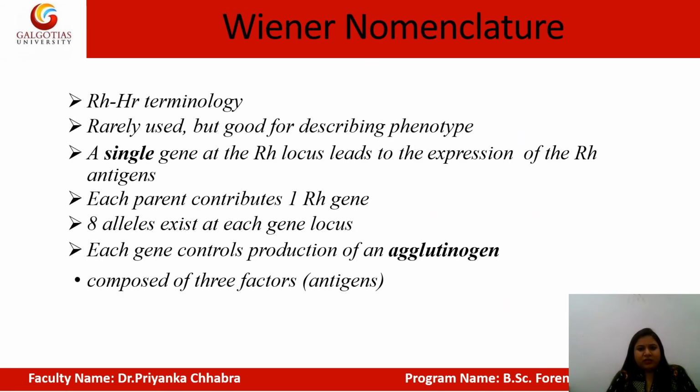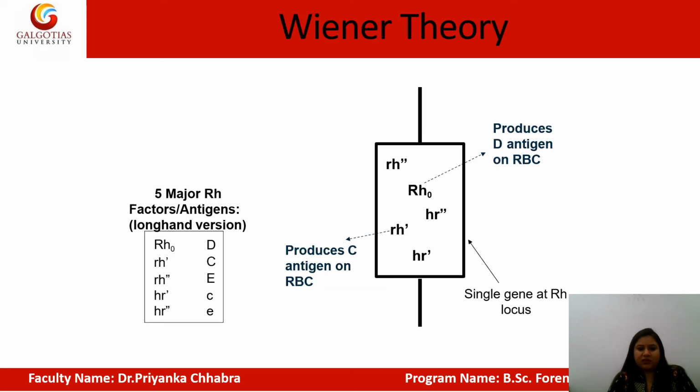Wiener nomenclature. He gave Rh and hr terminology to the Rh antigens. It is rarely used but good for describing phenotypes. A single gene at the Rh locus led to the expression of the Rh antigens. As we know, each parent contributes one Rh gene. So there are 8 alleles at each gene locus. Each gene controls production of an agglutinogen, which is composed of 3 factors.